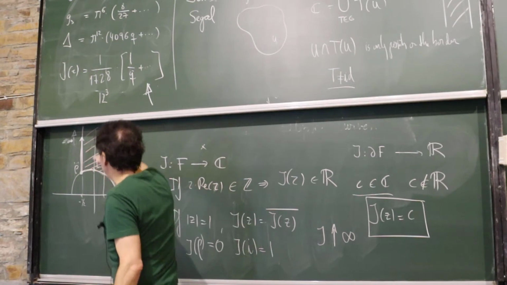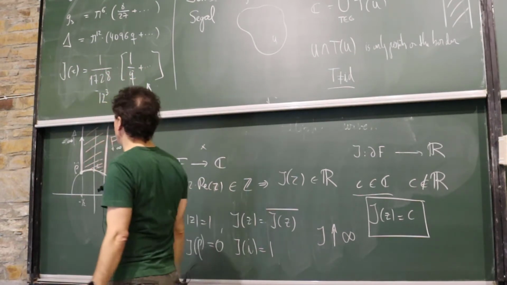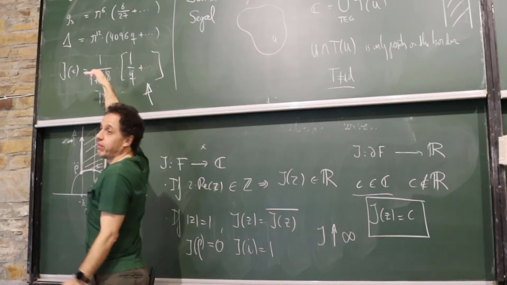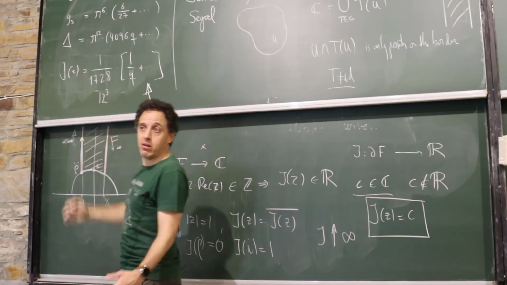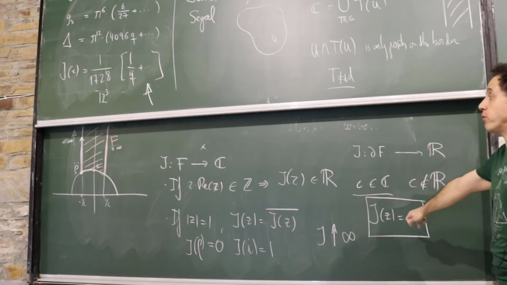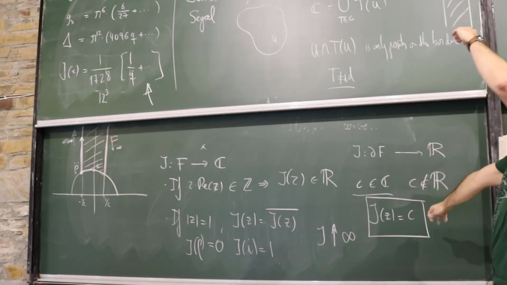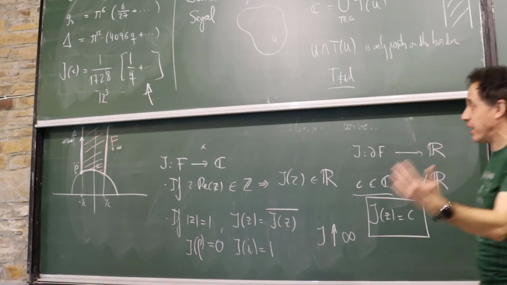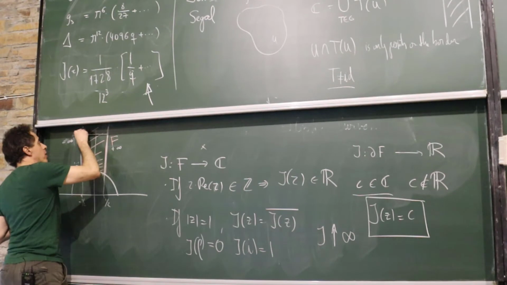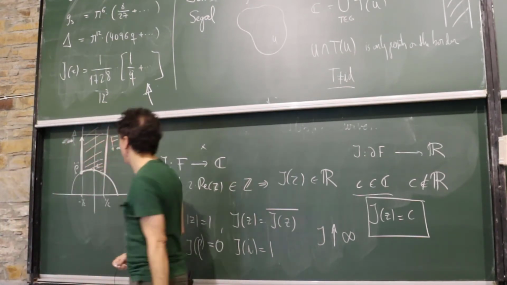As J tends to infinity when you go to infinity, up to some height the value c cannot be taken, because the modulus of J is greater than the modulus of c. So you can cut at some point here, and you can take this path.